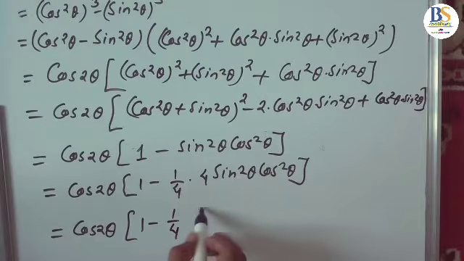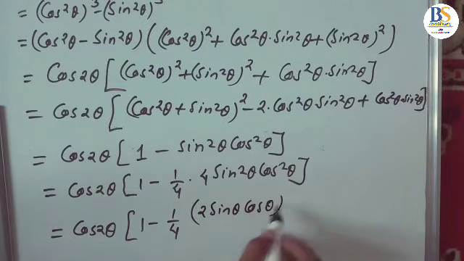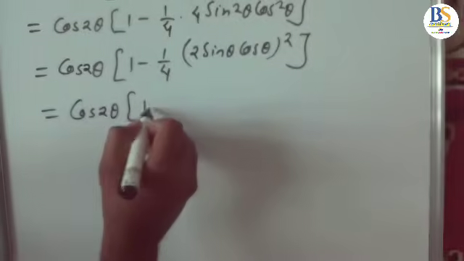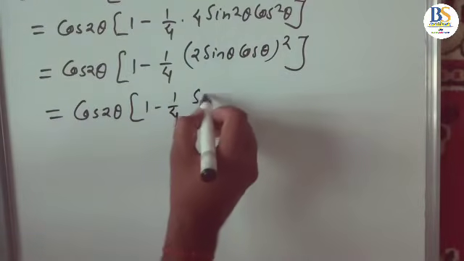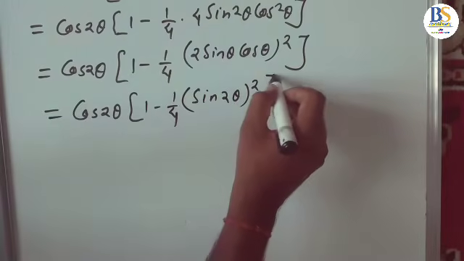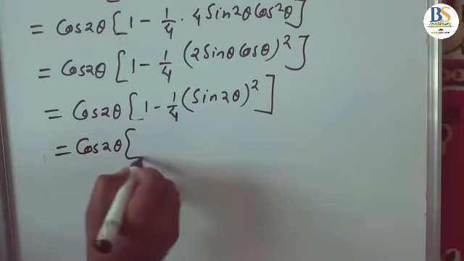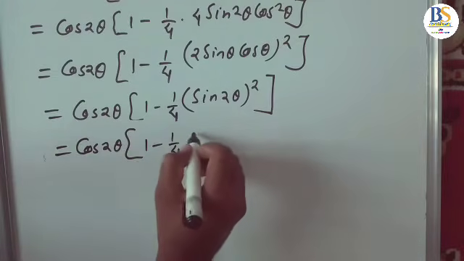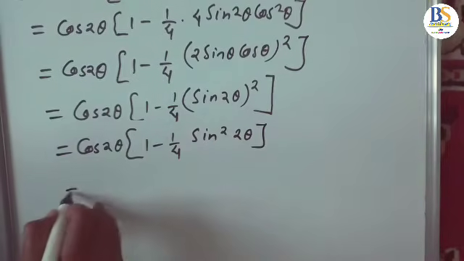Then this can be written as 2 sin theta cos theta whole square. Cos 2 theta times 1 minus 1 upon 4, 2 sin theta cos theta is sin 2 theta whole square. This is equals to cos 2 theta times 1 minus 1 upon 4 sin square 2 theta.